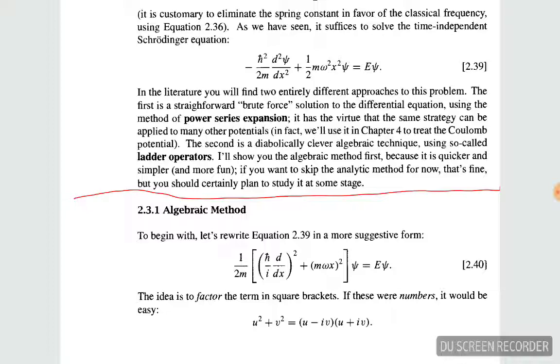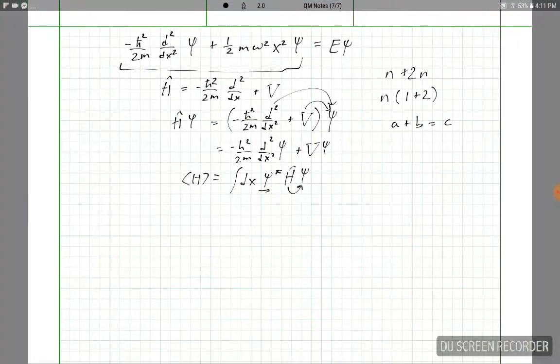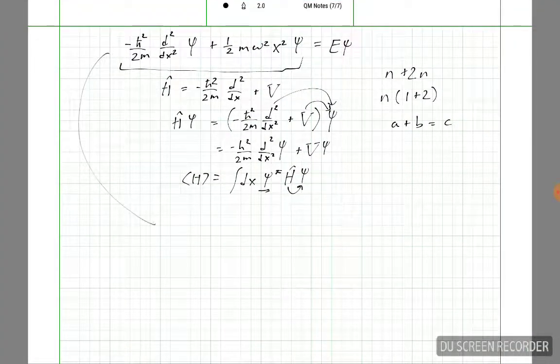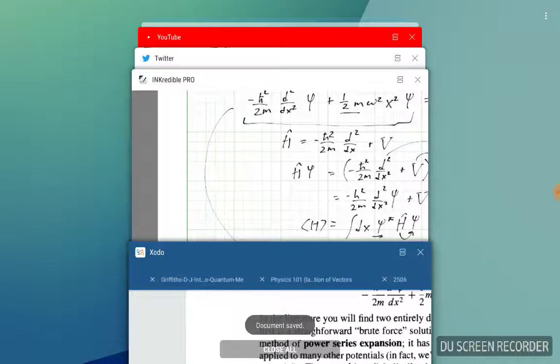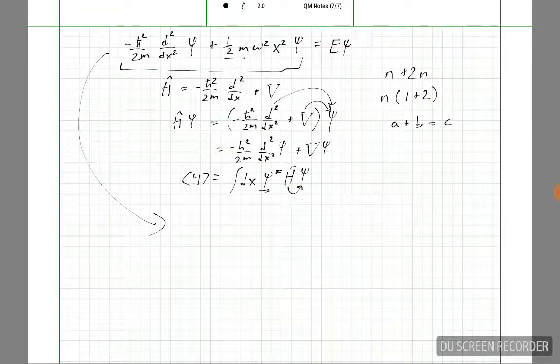So the first idea is just to rewrite our Schrodinger equation like this. So all you do here is just multiply out that 1 over 2m. So I have 1 over 2m.